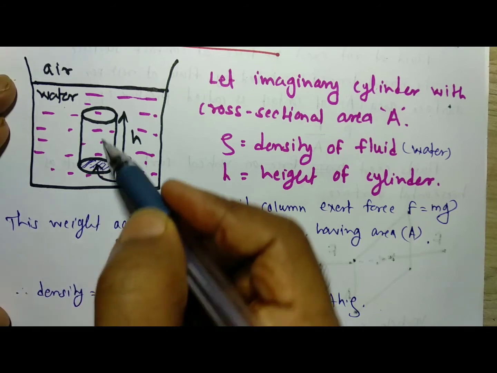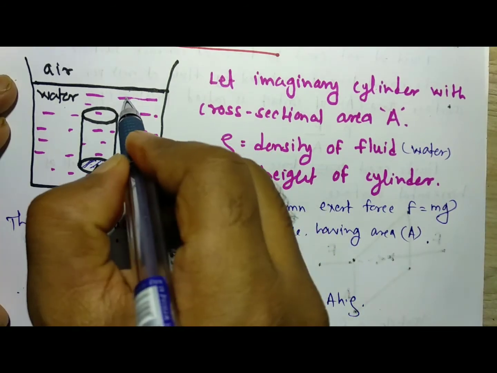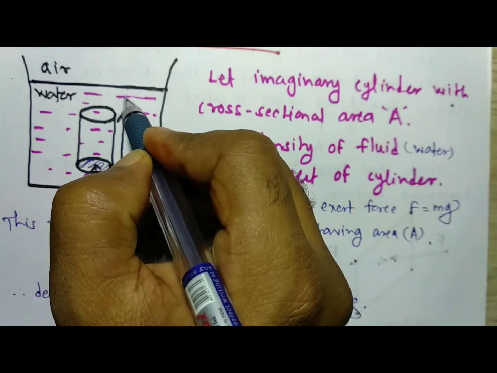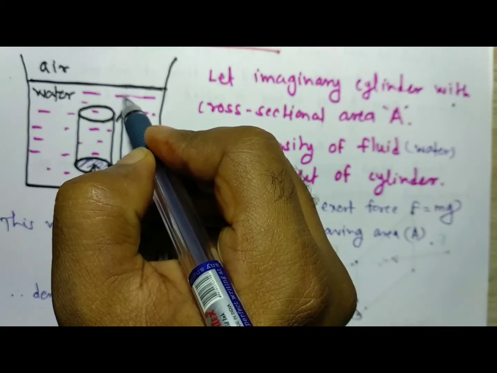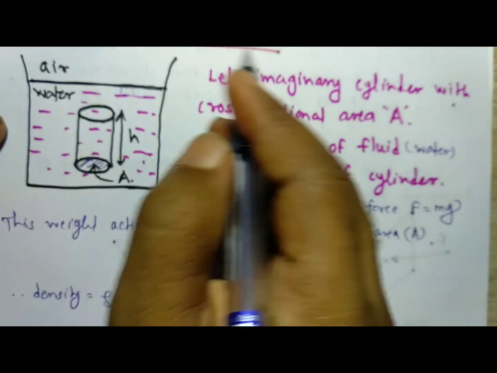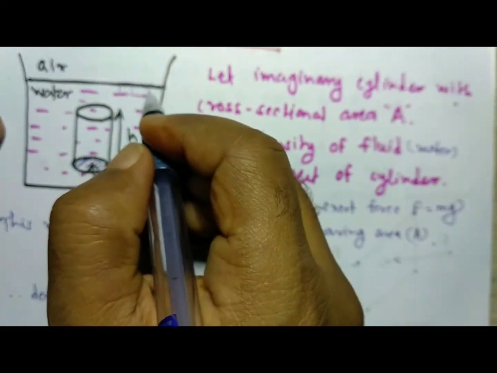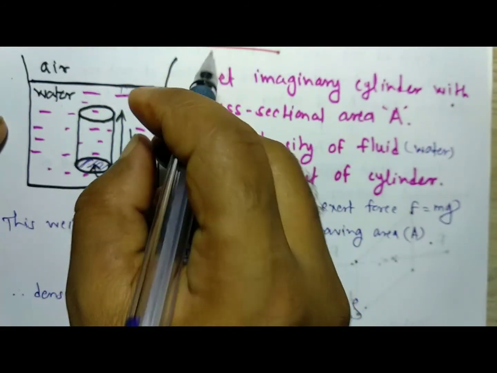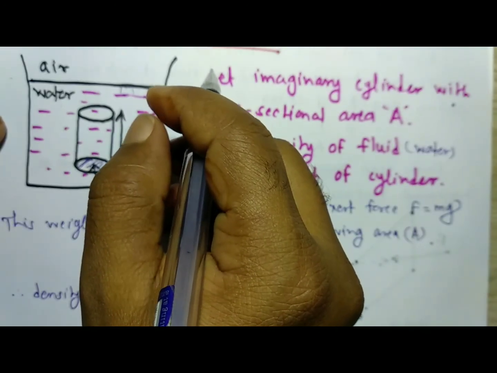When a point is just below the liquid surface, the pressure is small, because the liquid column above that point is very small.